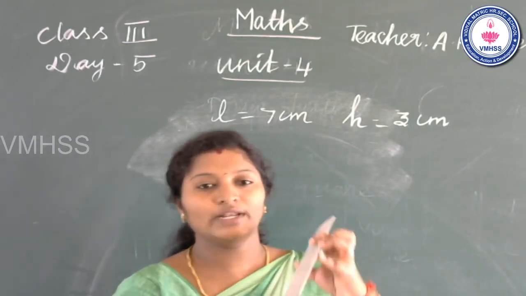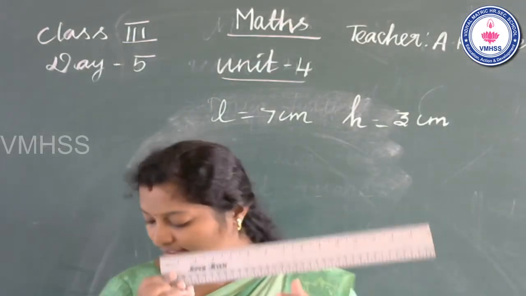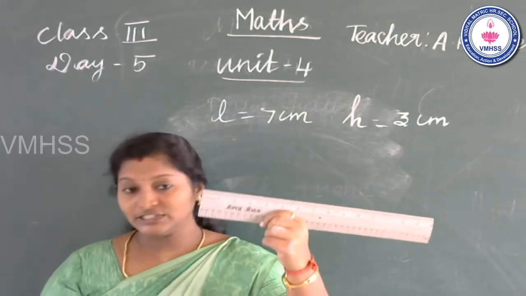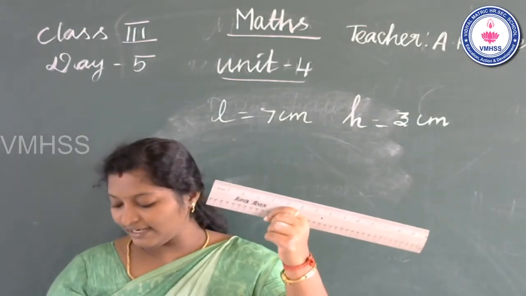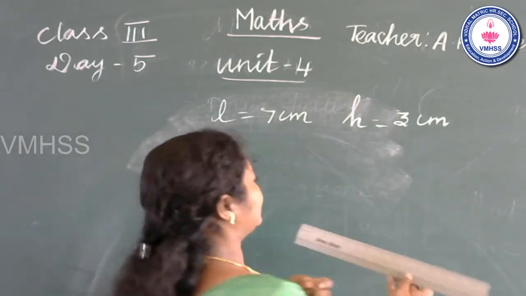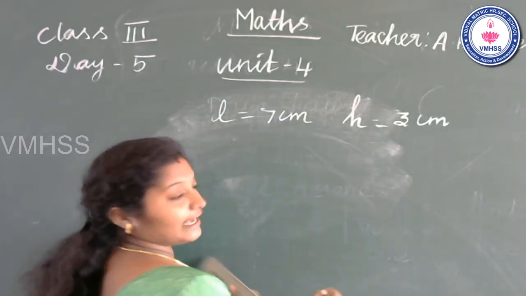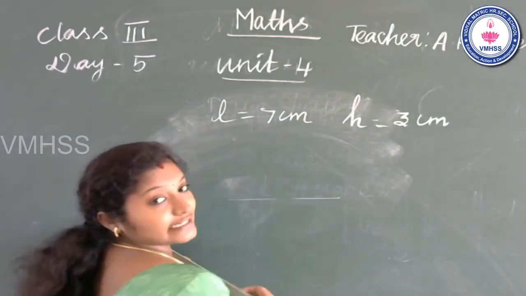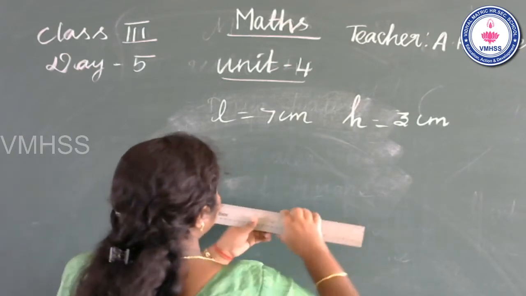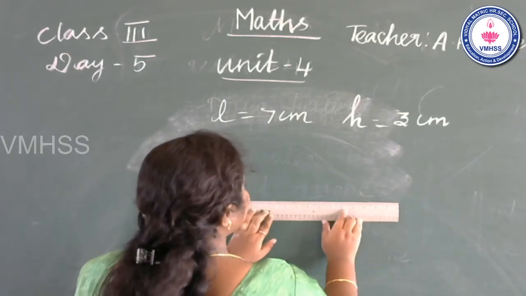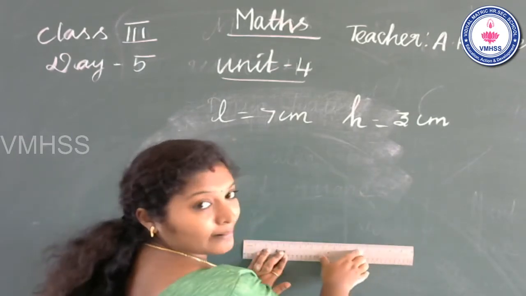So this is ruler. What is the horizontal line? This line is horizontal line. So mark a 7 centimeter.